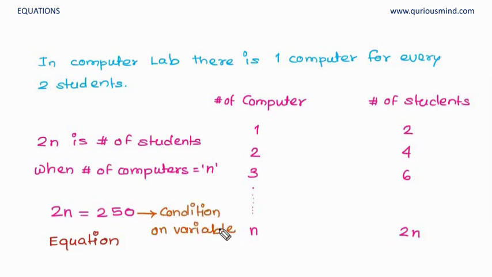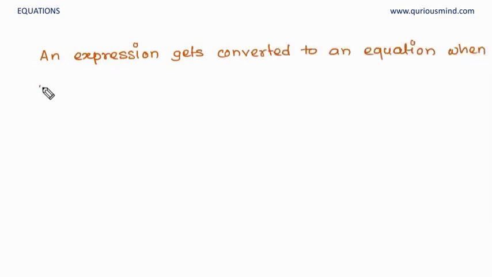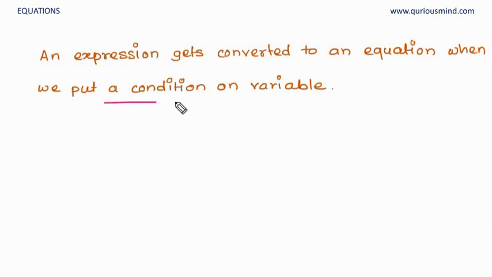So what we can say now is, this condition is not any condition, but it's an equality condition. We cannot have less than or greater than kind of condition. We must have equal to kind of condition, and then that is an equation.